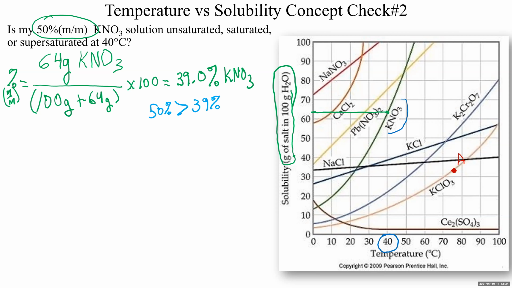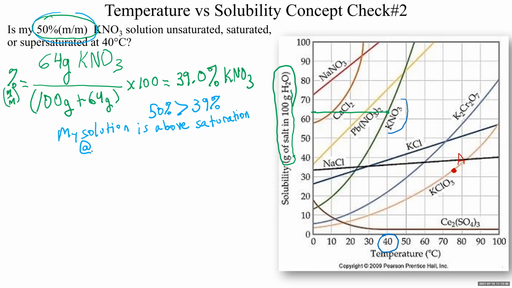Therefore, this solution has a greater concentration than saturation. Remember, if I'm reading it right off of the graph, that indicates a point of saturation. So my solution of 50% is above saturation, the saturation point specifically at 40 degrees.